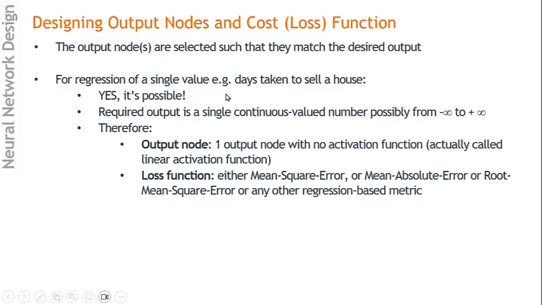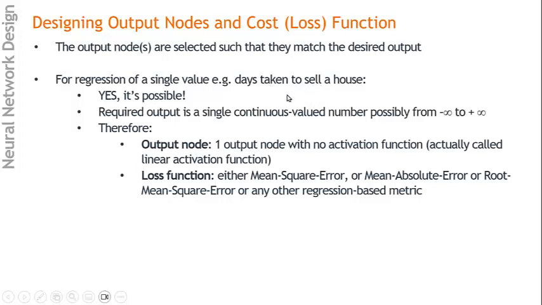Right? So instead of having an output that ranges from 0 to 1, we simply have an output that ranges from minus infinity to infinity. If you're predicting a real valued quantity, like days to sell a house, which may not be between 0 and 1, or price or profit or something like this, you want to have a continuous output.